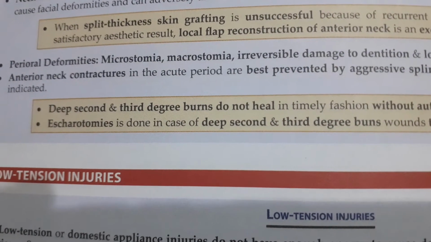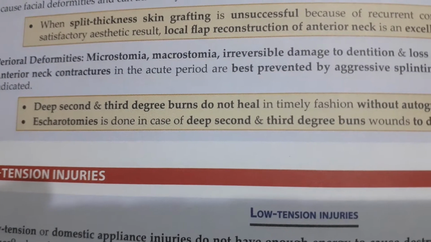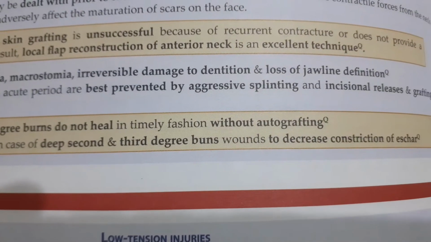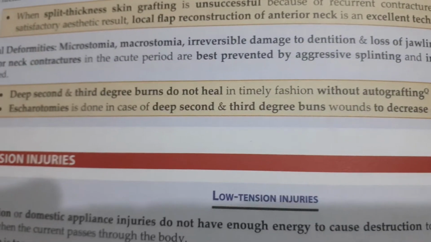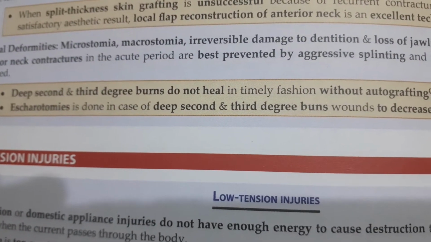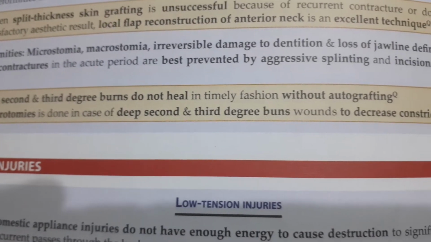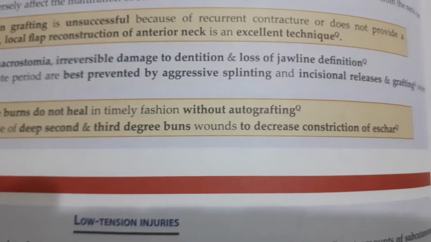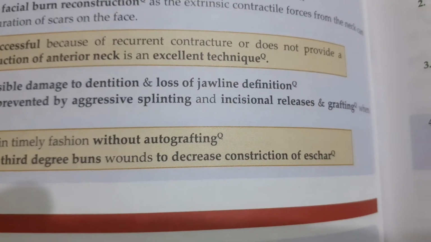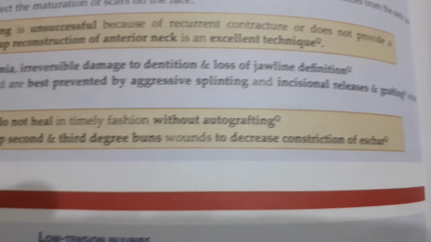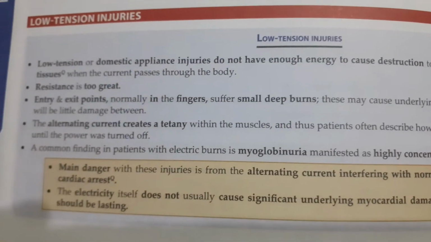Deep second and third degree burns do not heal in a timely fashion without autografting. Escharotomy is done in case of deep second and third degree burn wounds to decrease constriction of a scar.